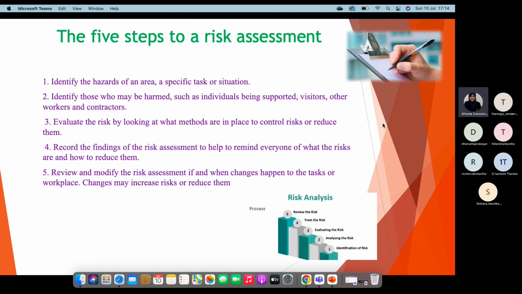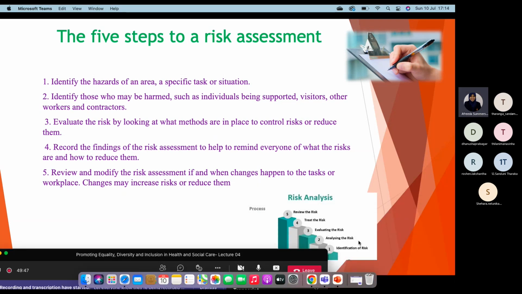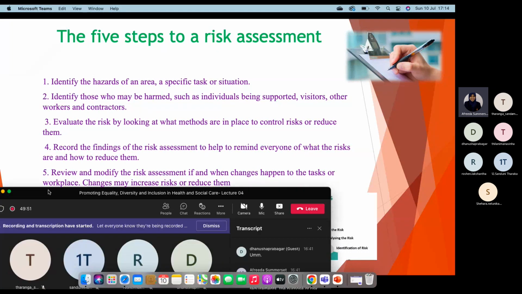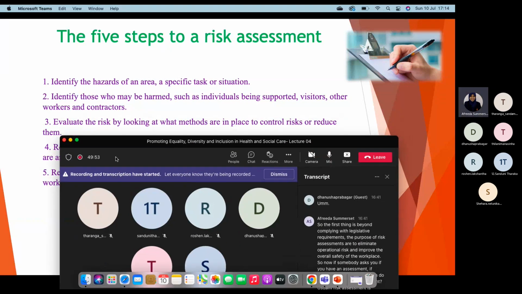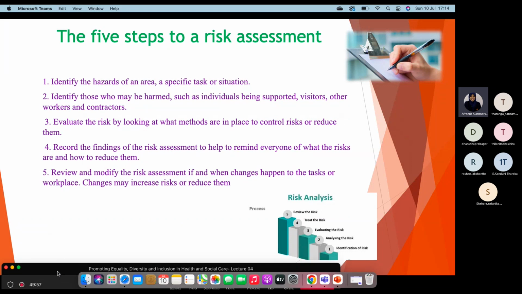I'm going to ask one by one person for an example. You can make use of this diagram and these 5 points, and then I will explain to you. We will take 2 minutes to understand how we classify an example based on those 5 points.